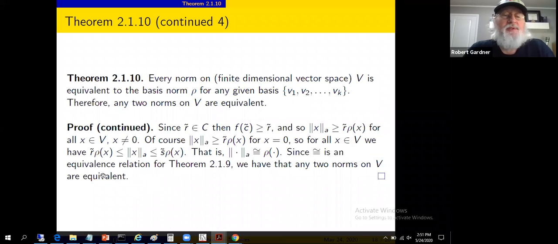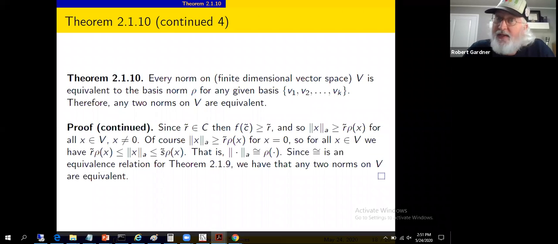And what we've established is, finally, r tilde rho of x is less than or equal to the A norm of x, which in turn is less than or equal to s tilde rho of x. The r tilde was some constant that depended only on the basis elements. We didn't have a real tangible grasp on r tilde because it came out of theory: the Heine-Borel theorem and these ideas involving compact sets.